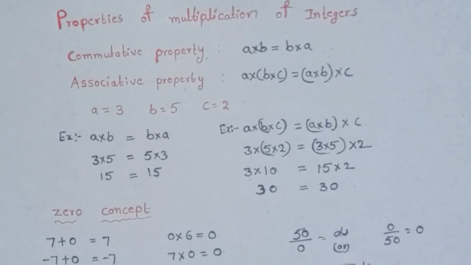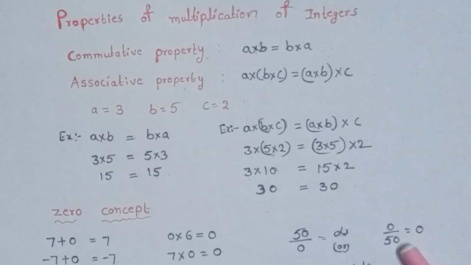Here in the case of division, what is the concept of 0? Any number divided by 0 is equal to infinity, or no solution. What is the meaning of no solution? We cannot solve that.